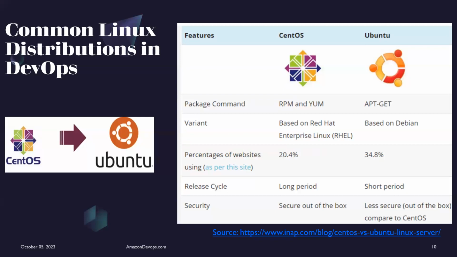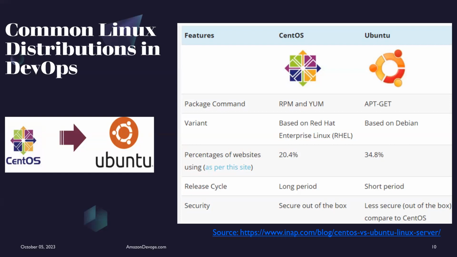Here we are looking at the percentages of websites that are using CentOS compared to Ubuntu. As you can see, Ubuntu is winning, 34.8%. CentOS, 20.4%, is losing by almost 14.4%. That's quite a huge number.